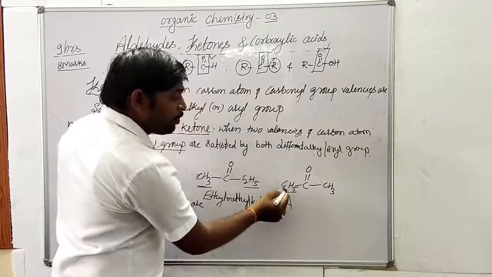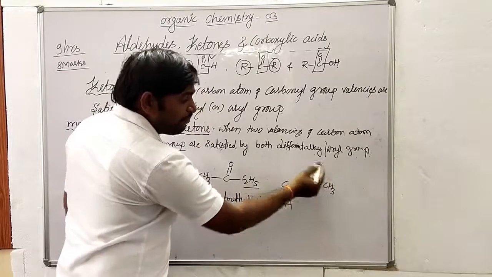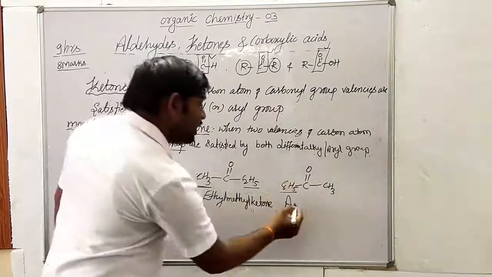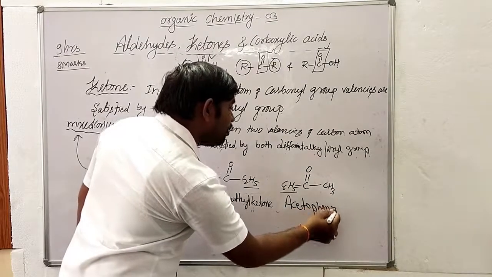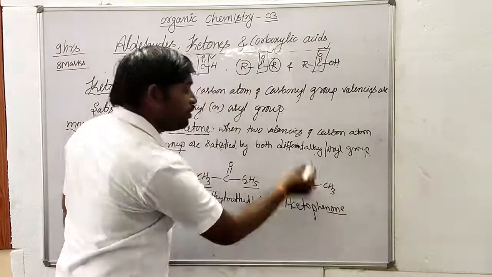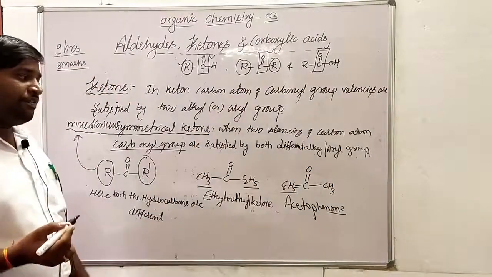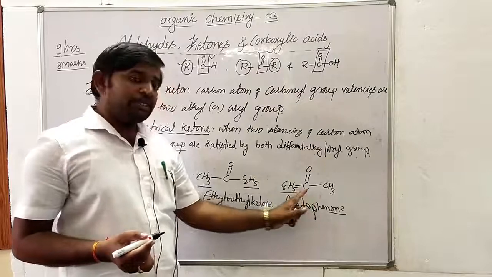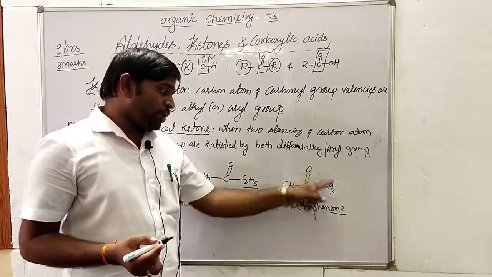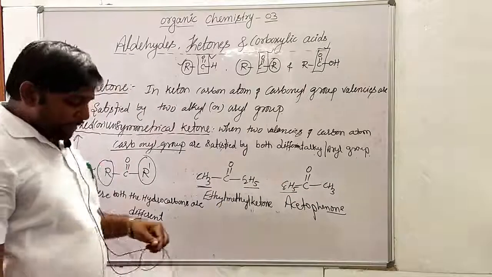When an aromatic hydrocarbon is substituted by an acyl group, it is called acetophenone. The ketonic functional group is present, and the suffix for ketone is -one. That's why it is acetophenone. So a ketone group is present in this molecule.